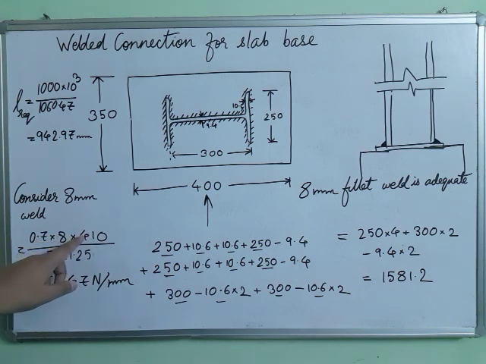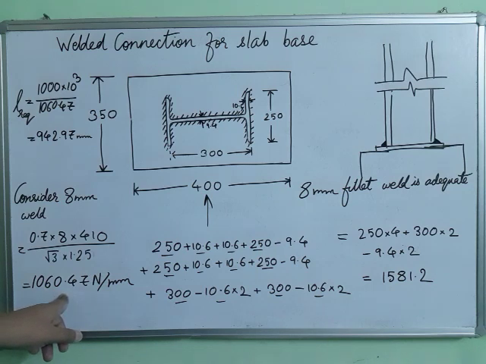And we assume that the ultimate stress of the weld should be equal to the ultimate stress of the material that you are joining, and the ultimate stress is already given in the question, 410, so we will also take 410, because I am telling you repeatedly, for the weld also we will take the same ultimate stress. Then root 3 into 1.25. 1.25 is the safety factor that we get from table 5 page 30, for shop fabrication. If we use field fabrication, we use 1.5. So there we got the capacity of the weld per unit length as 1060.47 newton per mm.